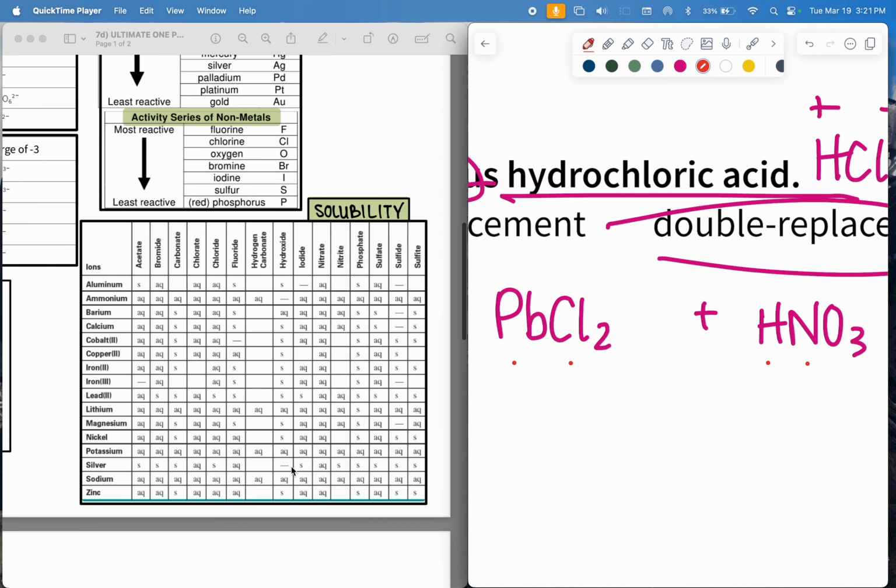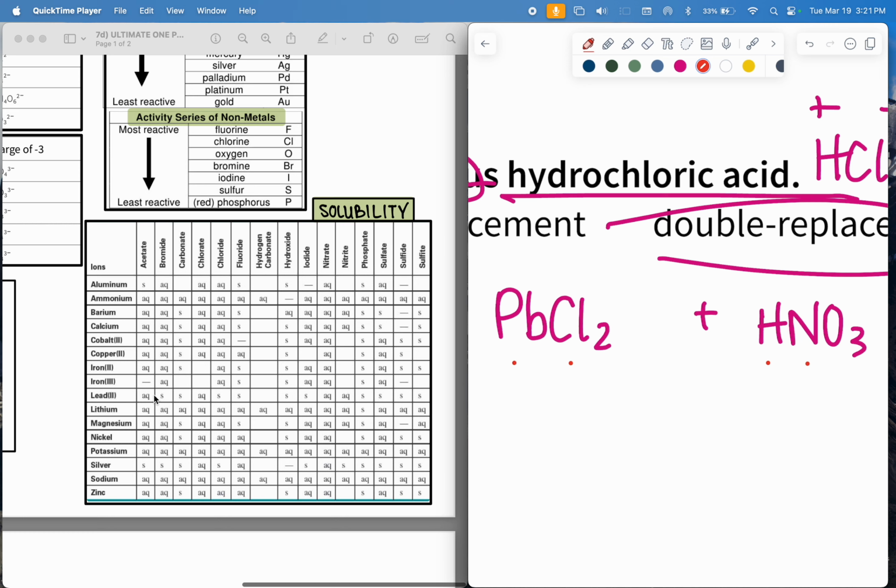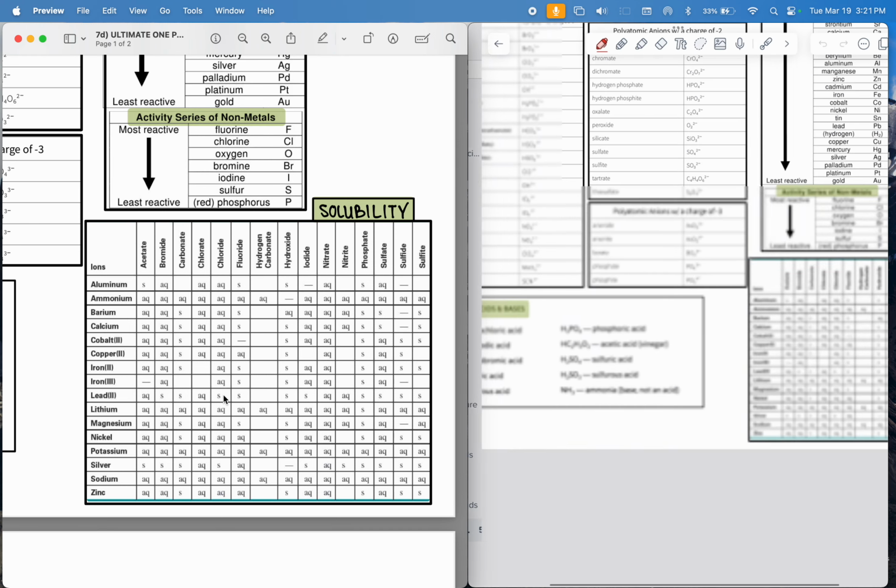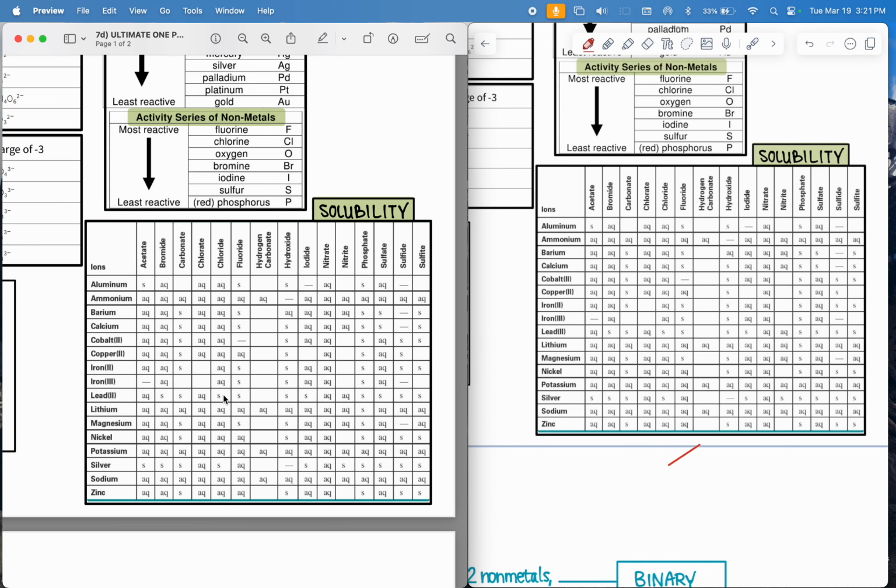So I'm going to look at the solubility table, and I'm going to look for lead. This is lead 2, and then I need to find where chlorine is, which is right here, chloride. So lead 2 chloride. Again, I'm following across, following down, and I'll show that on here as well in case that's not showing up the way I want it to on the video. So lead 2, and then chloride.